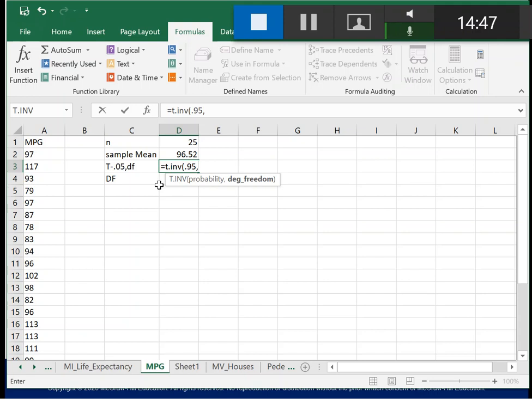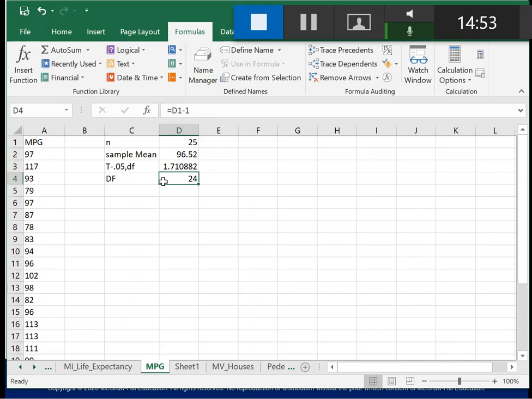And my degrees of freedom, we just said were 24. So I get my t-score of 1.70882. Unfortunately, the t-scores always change because of those degrees of freedom, so you can't just memorize the 3 most common ones like we do with the z-score.